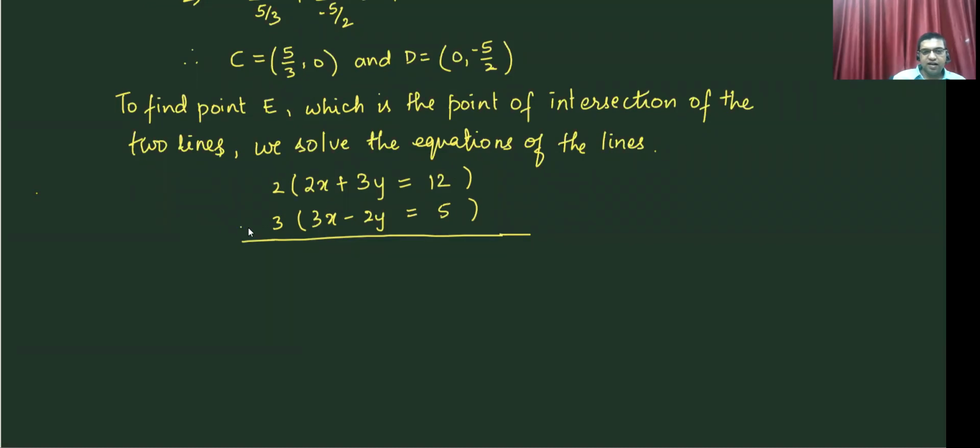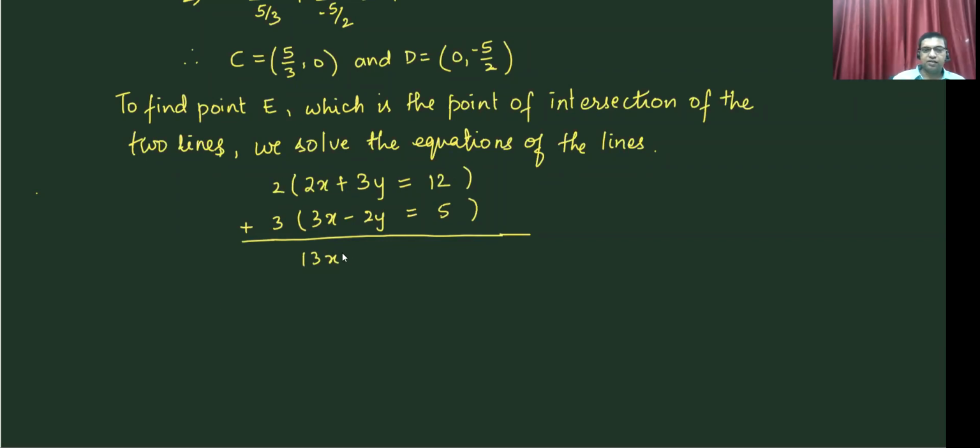And then I add, what happens? 2 into 3, 6y, 3 into minus 2, minus 6y. So plus 6y minus 6y, they cancel. But here, 2 into 2, 4x, plus 3 into 3, 9x, 13x.